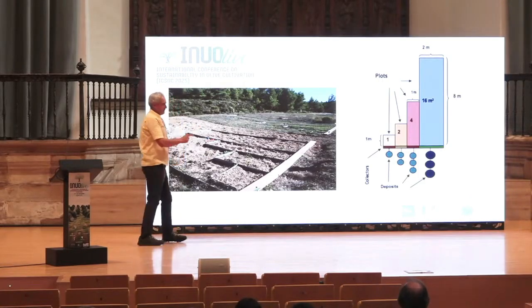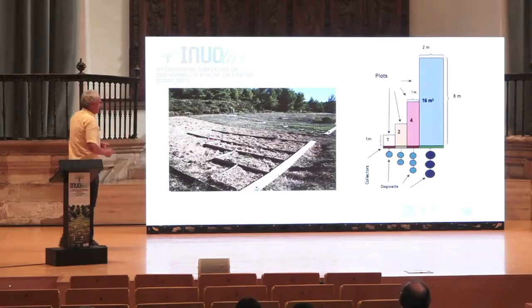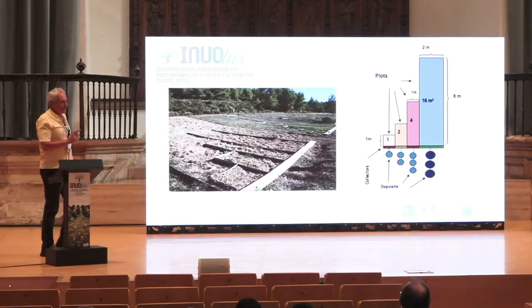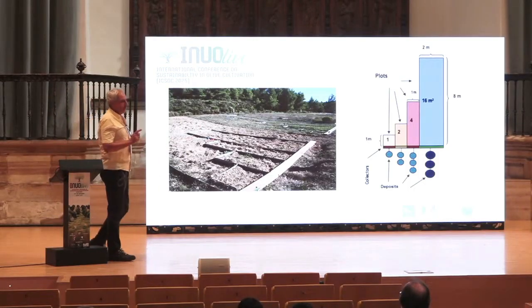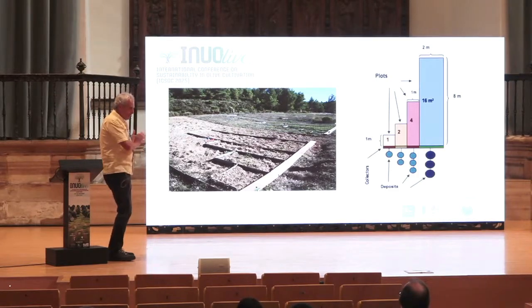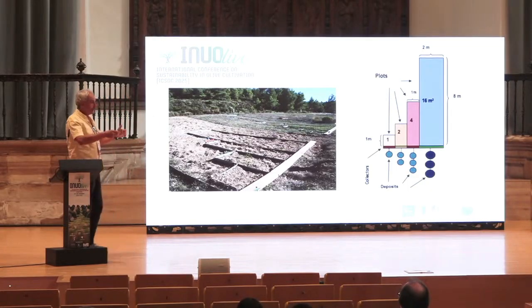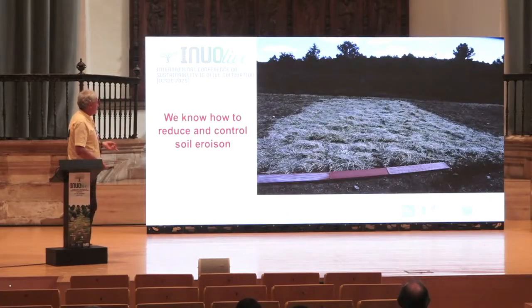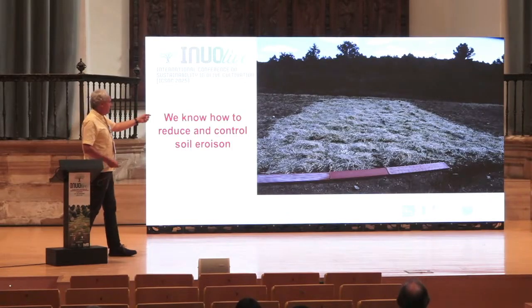This is what experimentally we found. But this is working like that if you don't have gullies. And if you have gullies, the connectivity is very high, and then you increase the erosion, sometimes by 10, by 100, or by 1,000.